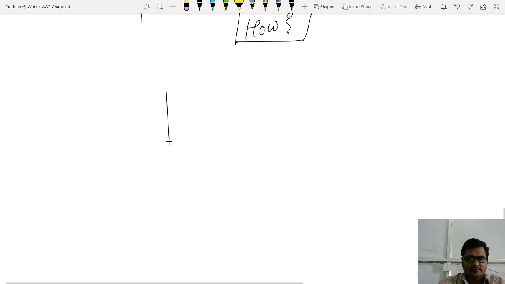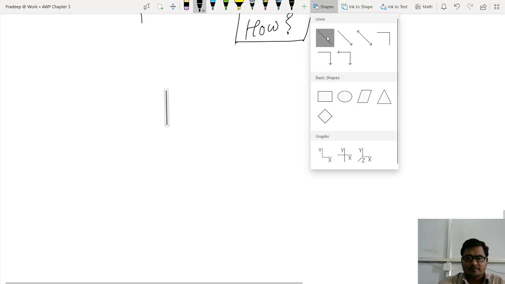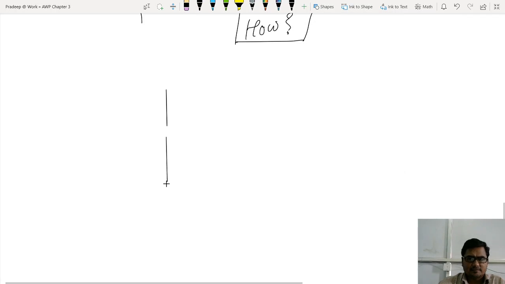One line, another line. Now look at this. This is my dipole.